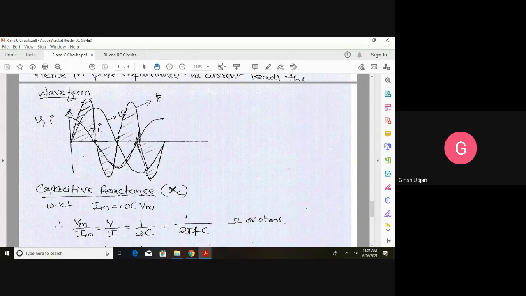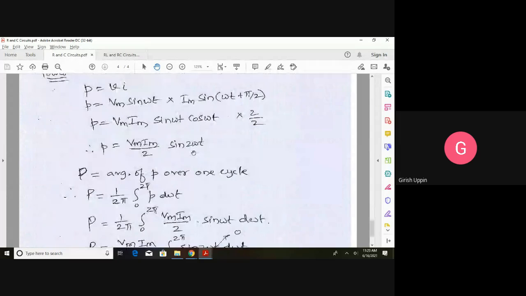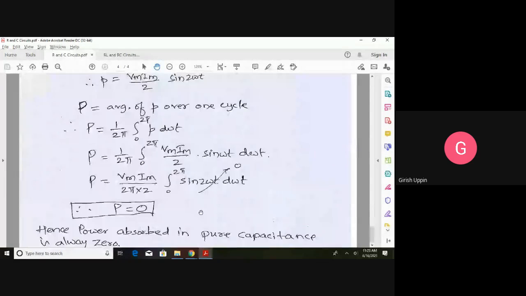In case of a symmetrical waveform, the average value over one cycle is 0. You can see the power has two positive half cycles which are exactly equal to the two negative half cycles. So that is the reason power is 0. That is with the representation of the waveform. But if you simplify this integration, you will get the answer as 0.